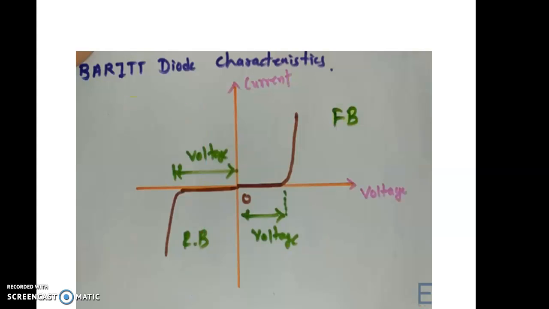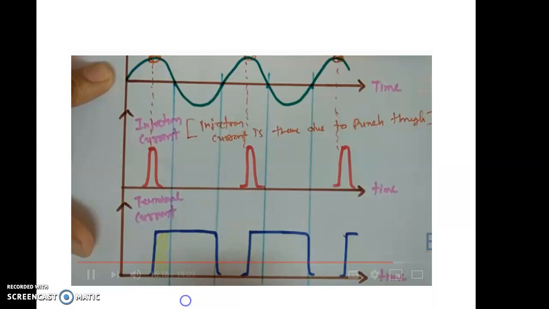The forward bias is the same as in forward bias and reverse bias. Here we see the breakdown voltage in reverse bias and the potential barrier voltage in forward bias. The terminal current includes the injection current, which is there due to punch through.